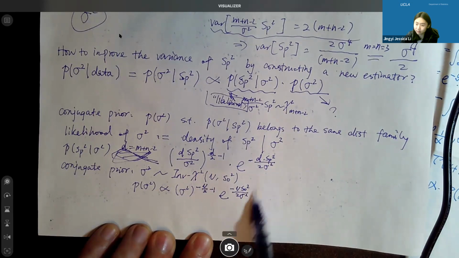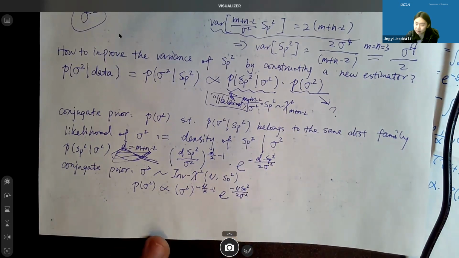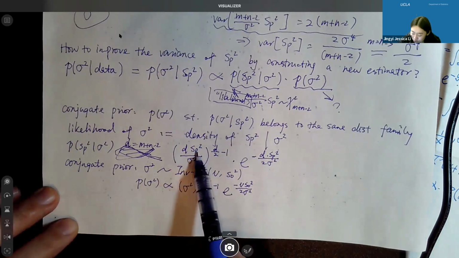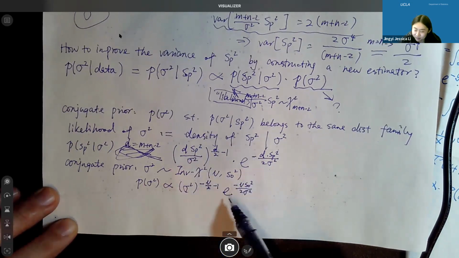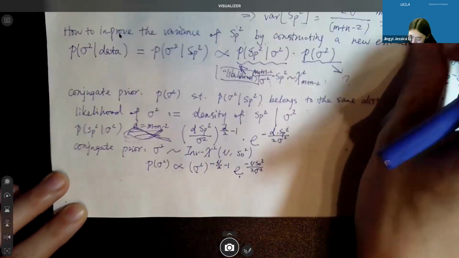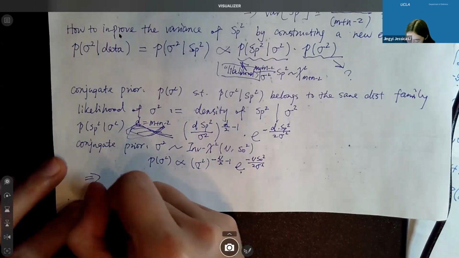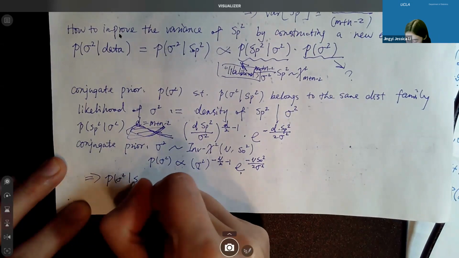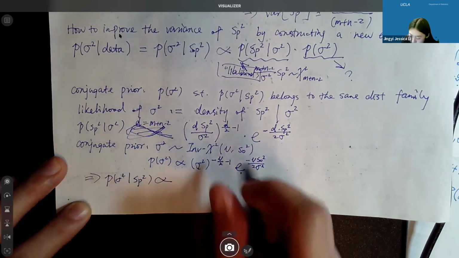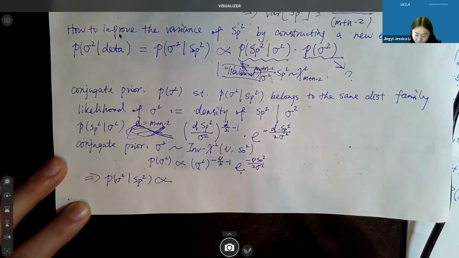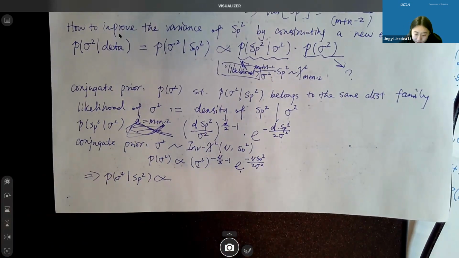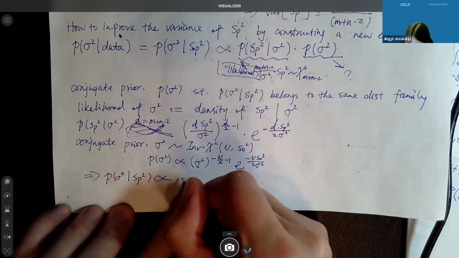So they are very similar, right? That's where basic algebra is really useful, because you can recognize which terms to combine. This should be combined with this, and this should be combined with this. So the posterior of sigma squared given the data would be proportional to their product, and by combining their product, I will just write it.